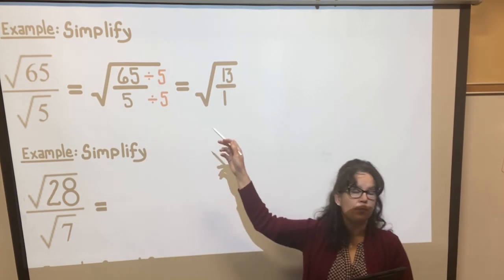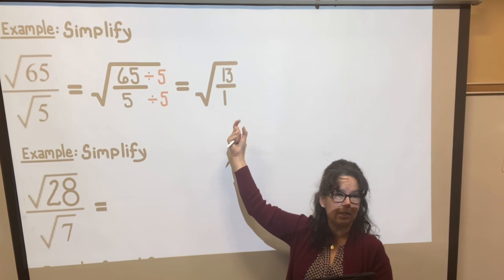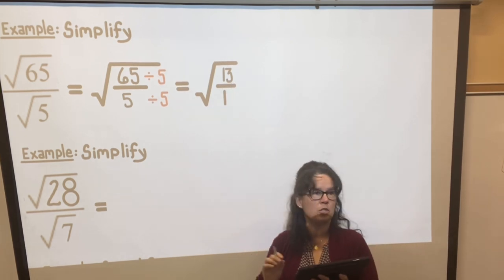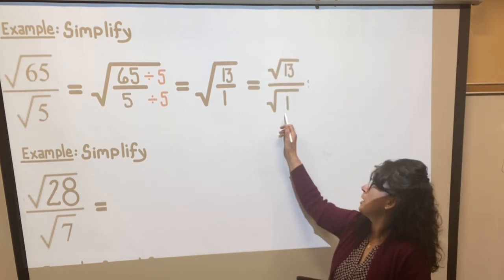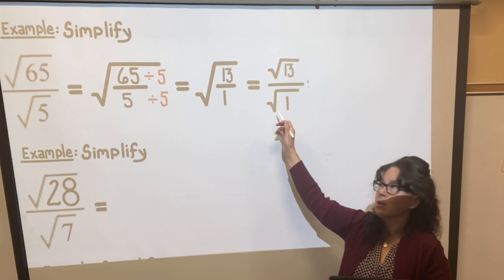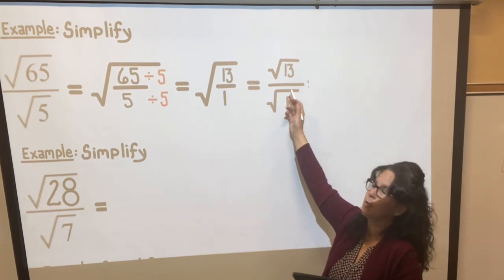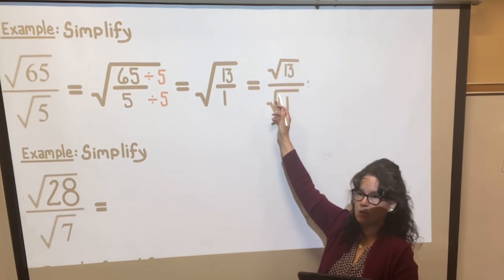Okay, now I'm going to break this back apart into two separate square roots, square root of the numerator over the square root of the denominator. In this one, the denominator is the only one that's a perfect square. So square root of 13, there's nothing I can do with that. It's going to stay square root of 13.